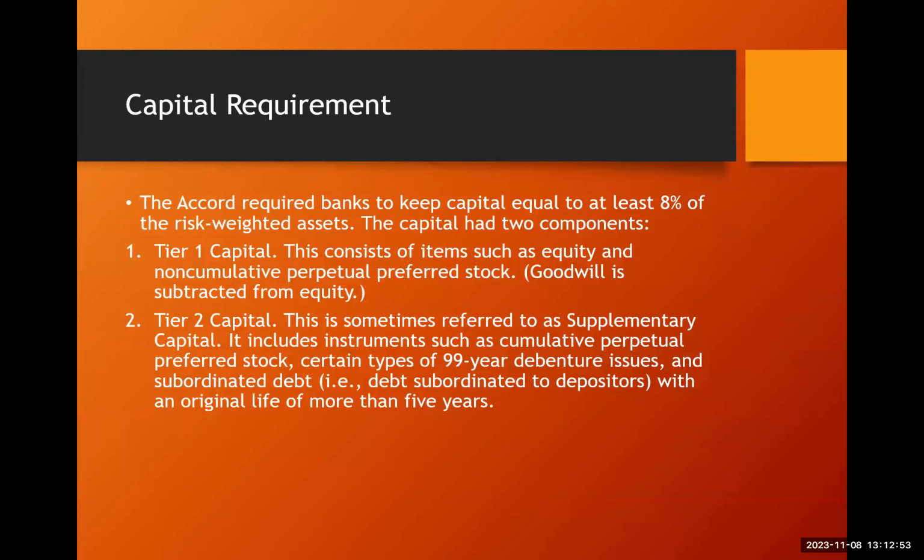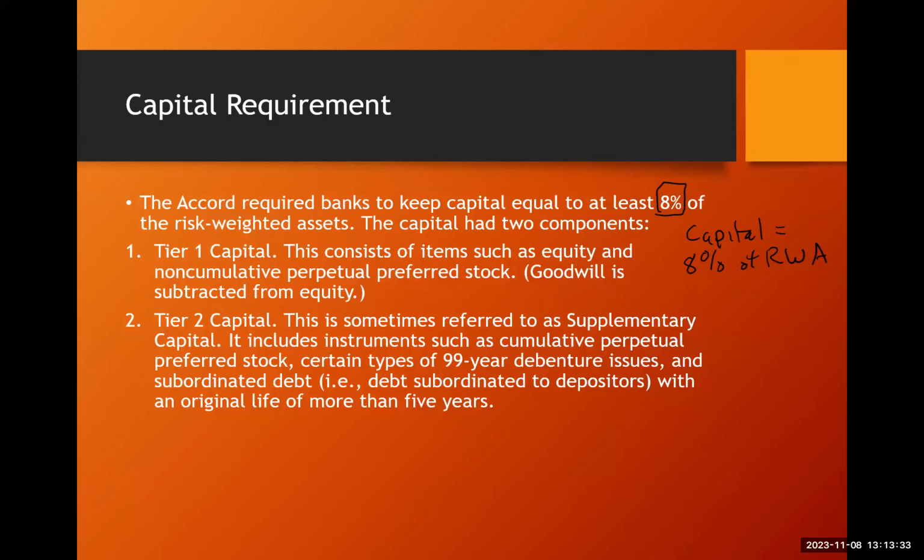The capital requirement is that there must be 8% of these risk-weighted assets. This part here is important: capital equals 8% of risk-weighted assets. There are two components to this. There's tier 1 capital, which is the best type of capital.